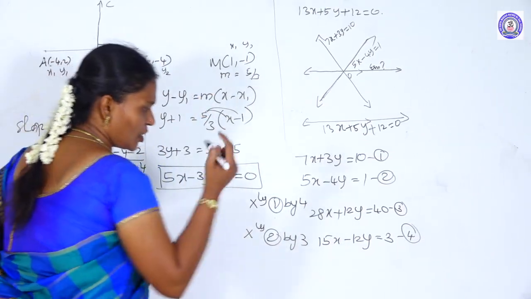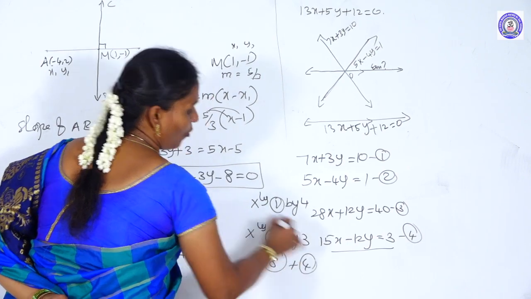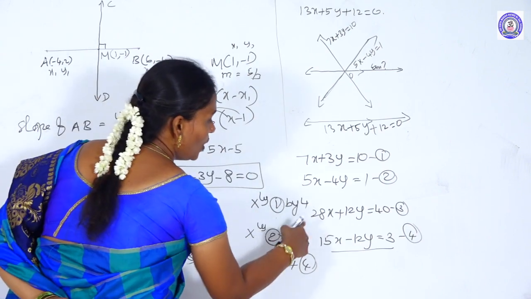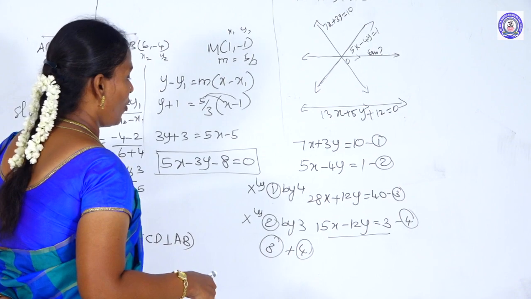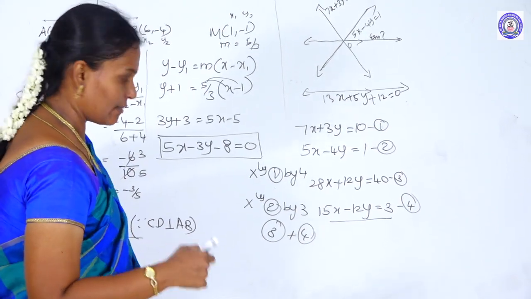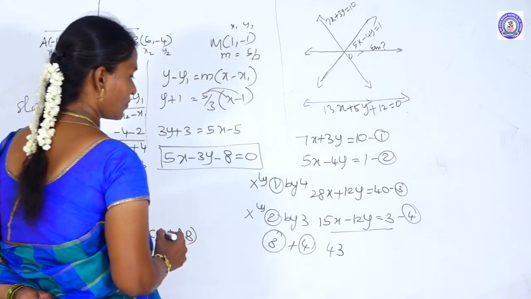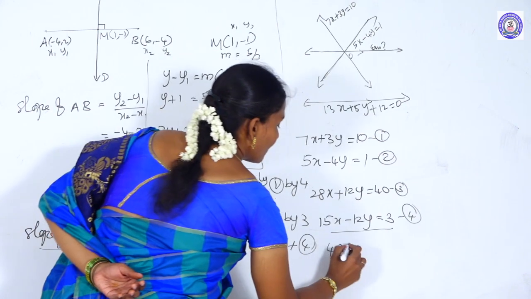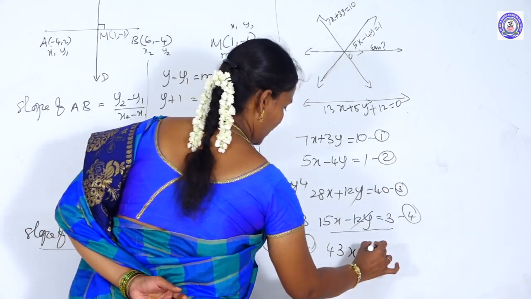So you just have to add equations 3 and 4. If you add these two, 28 plus 15 is 43, so 43x. The plus 12y and minus 12y cancel.